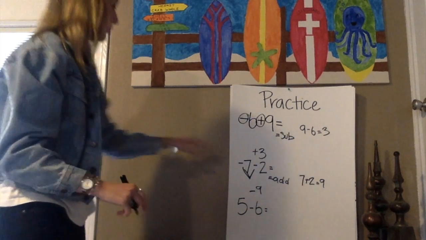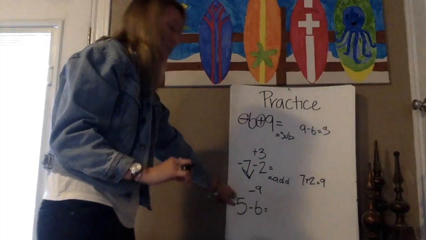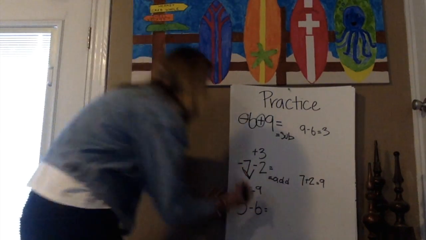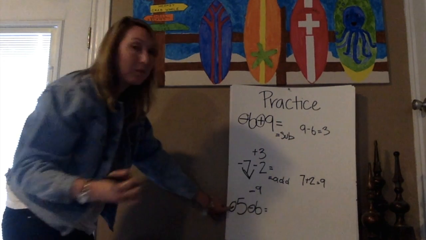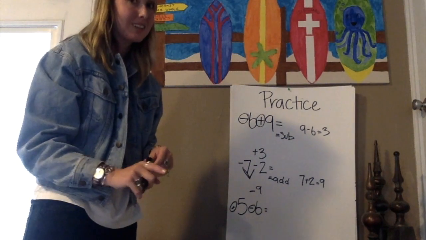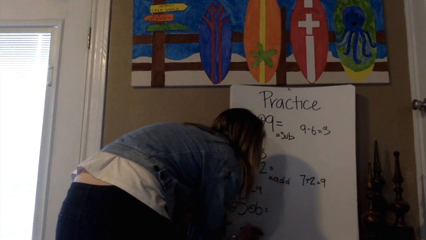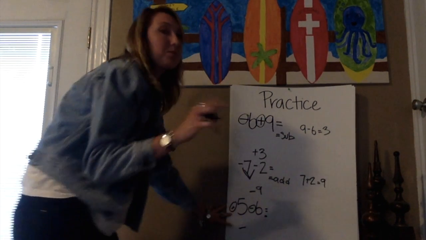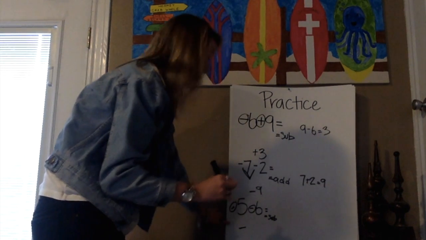Yes. Last problem, y'all are doing great, is positive 5 minus 6. What do we do? We circle the symbols, yes. So 5 and negative, draw a positive right there just to show. Which number is bigger? 6. So the answer is going to be negative, yes. So we're going to draw the negative, equal to. Are we adding or subtracting? Subtracting. I'm going to write "sub" so you know what to do.